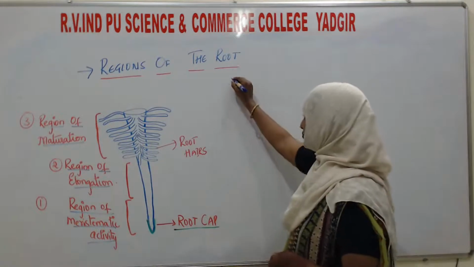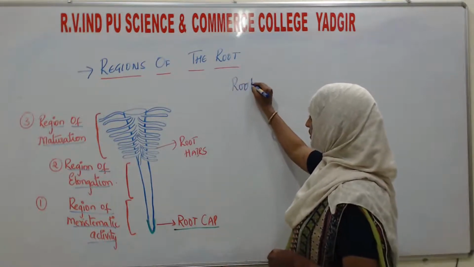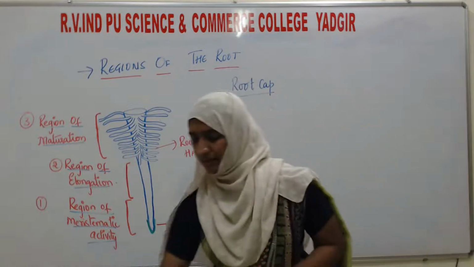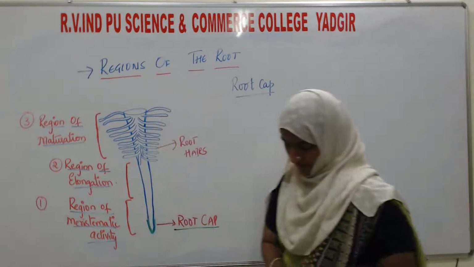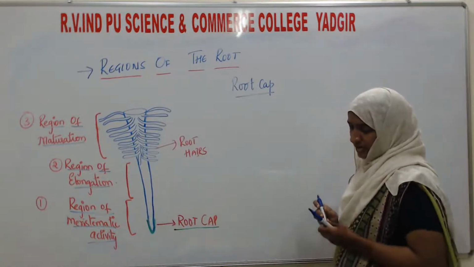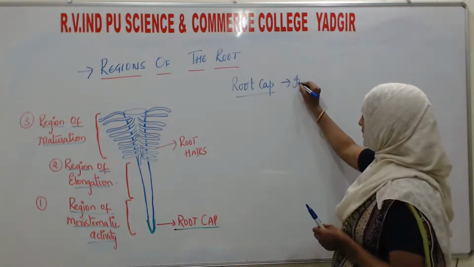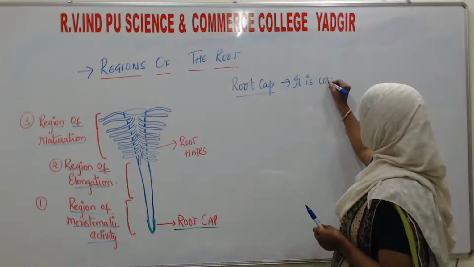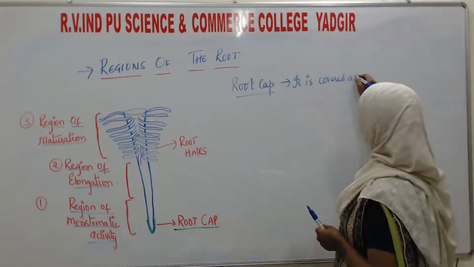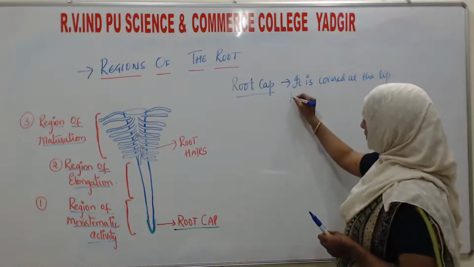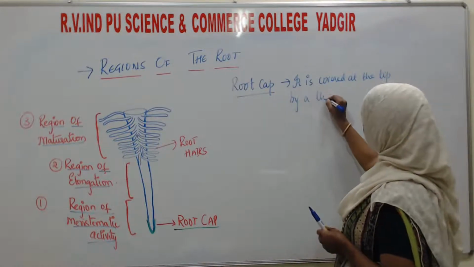So here, first one, root cap. It is covered at the tip by a thimble-like structure.